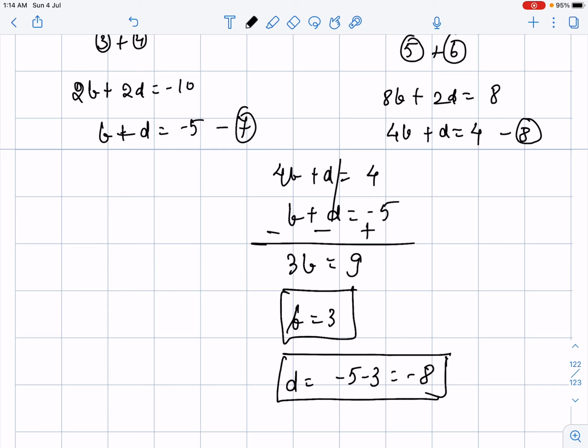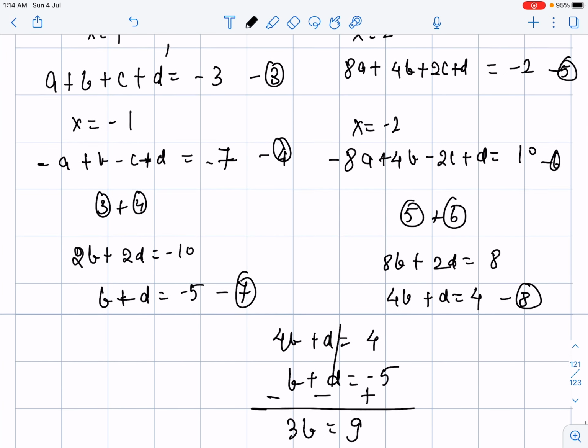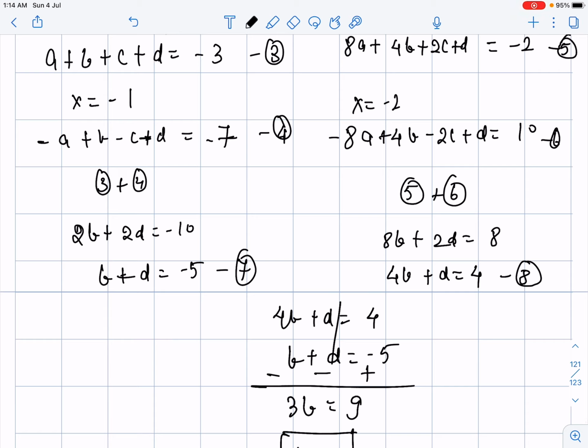Now what is still remaining? The value of a and c is still remaining. So we'll substitute the value of b and d in the equations we have over here to get equations in the form of a and c. We have 4 equations in the form of a, b, c, d; we'll take whichever is easiest to solve after substituting b and d.